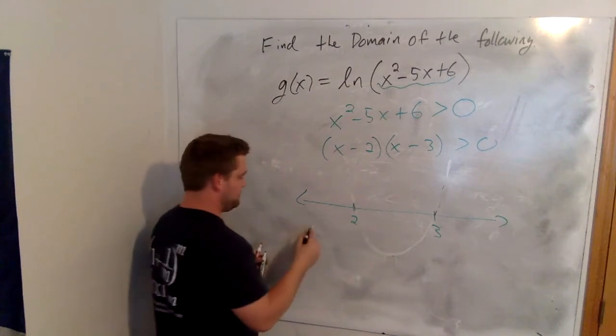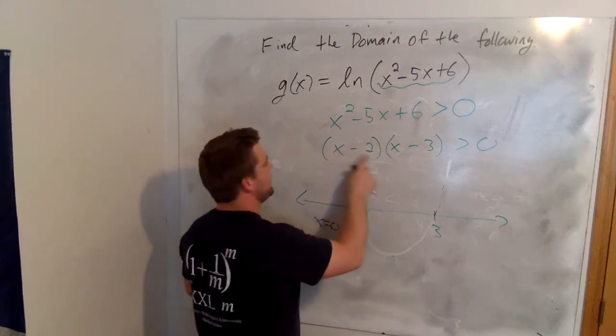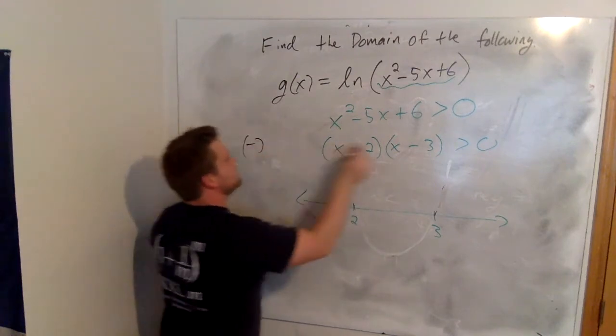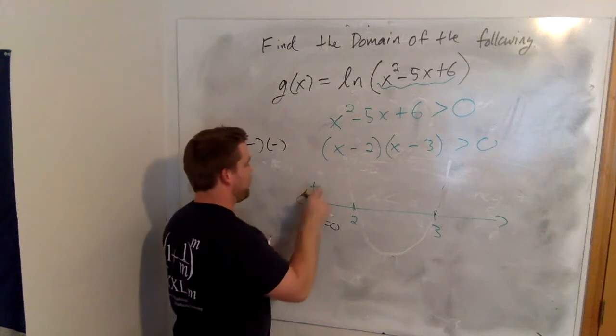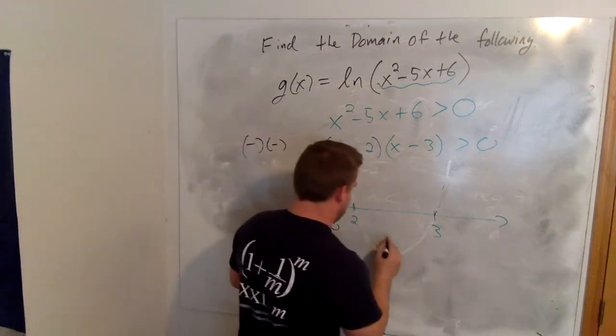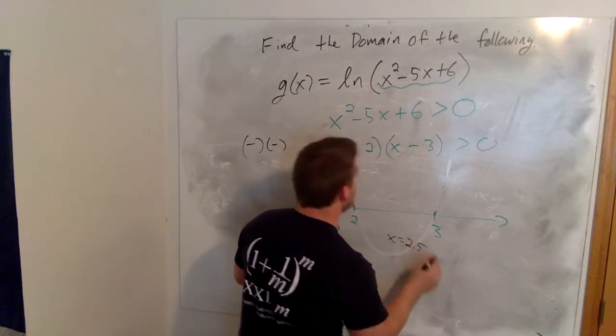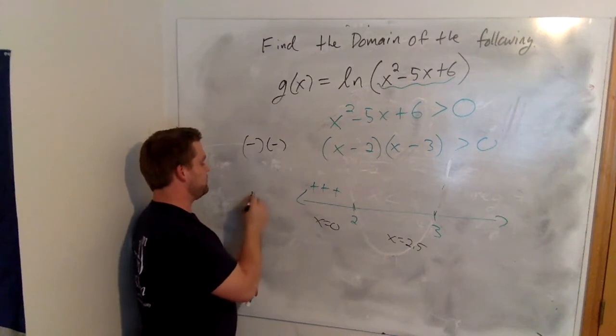A number less than 2, how about 0? Well, if we plug 0 into here, 0 minus 2 is a negative number. 0 minus 3 is a negative number. A negative and a negative makes a positive. Okay, pick a number between 2 and 3. How about 2.5? 2.5 minus 2, 2.5 is bigger than 2, so it's positive.